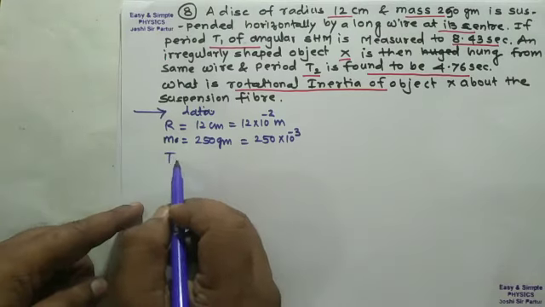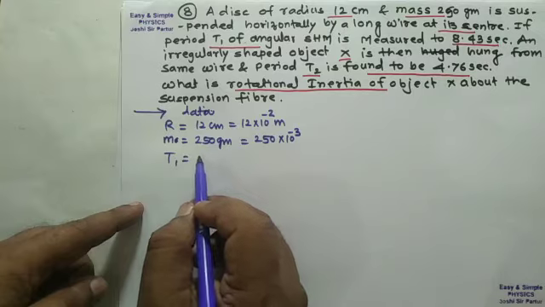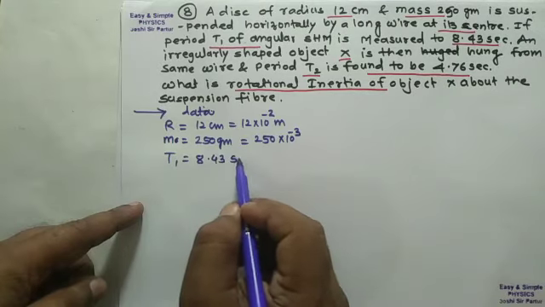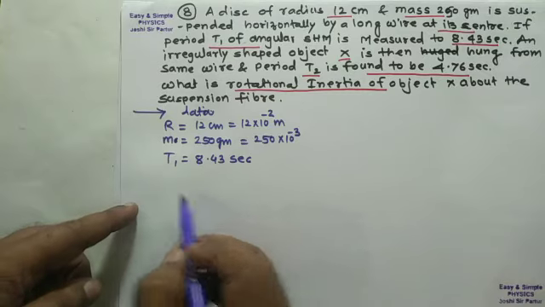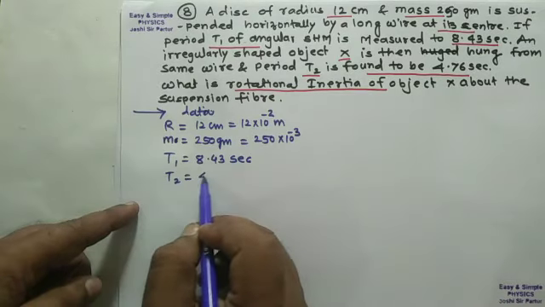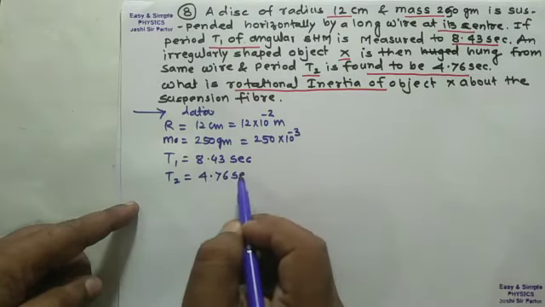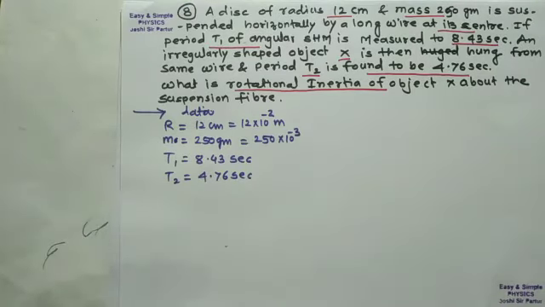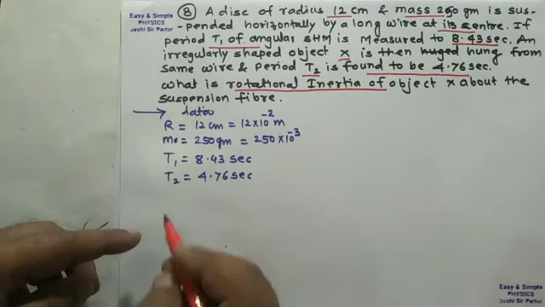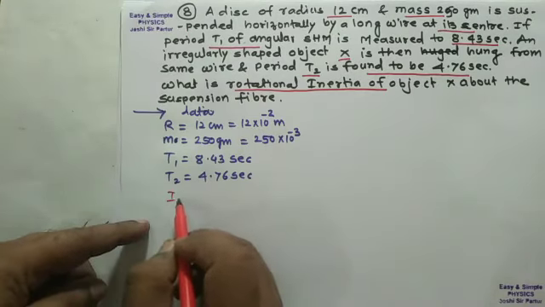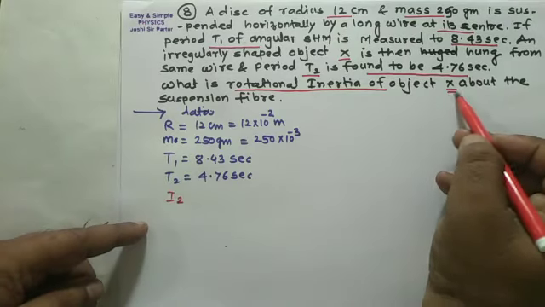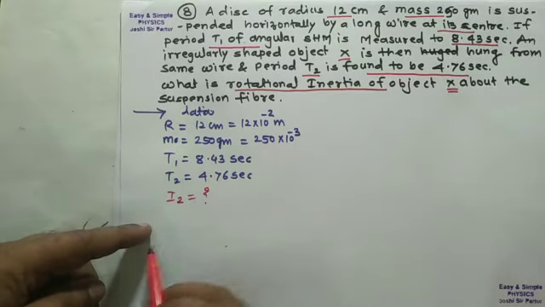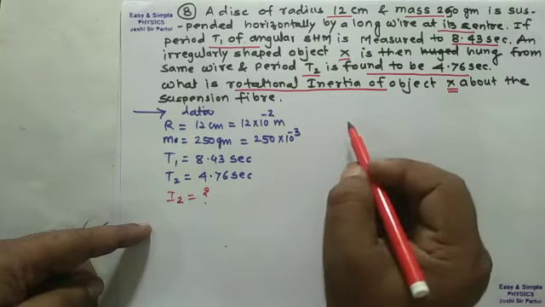Time period T1 is given, that is 8.43 second, and time period T2 is given, that is 4.76 second. And here we can find out the rotational inertia of object X, I2, is equal to question mark, and we can find out I1.